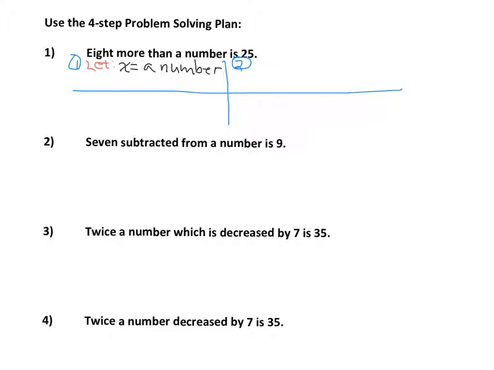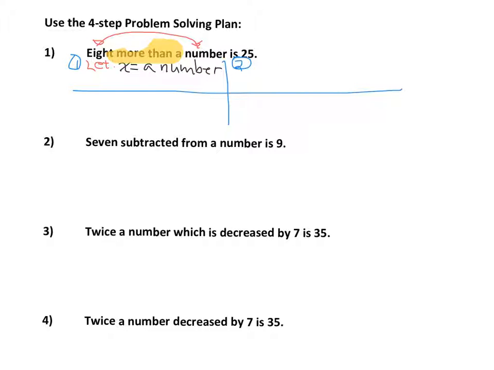Okay, so the word more than, that means that we're going to take the 8 and then the number, which we've identified as being x, and we're going to flip-flop those.